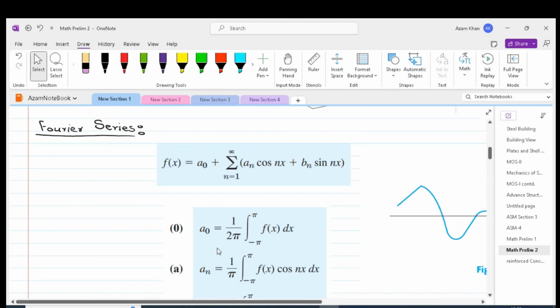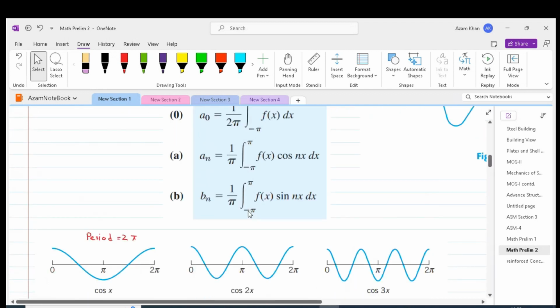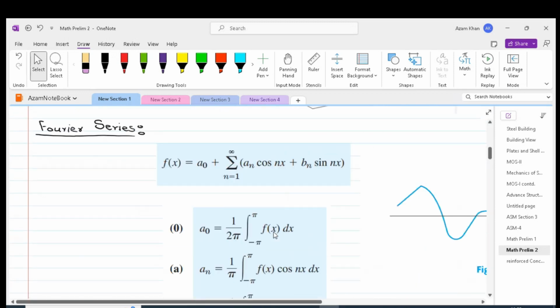So far, we have discussed the Fourier series corresponding to the period minus pi to plus pi. However, it is possible that our period is of some other value than pi. For example, if we have a period between 0 and 2L, then how can we work out our Fourier series?